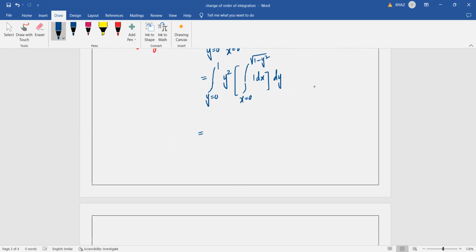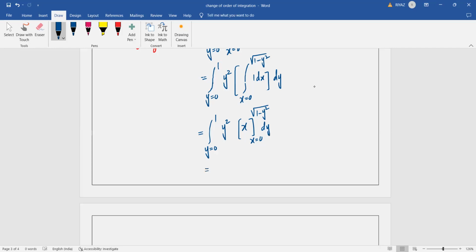This equals y from 0 to 1, y square, and 1 dx is x, and the limits are 0 to root of 1 minus y square, into dy. Now the rule is what?